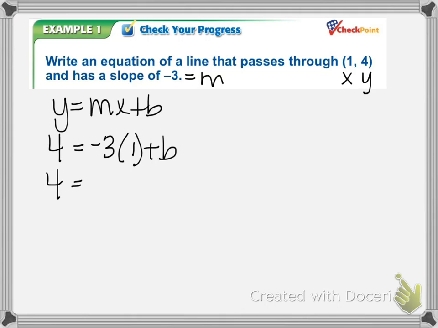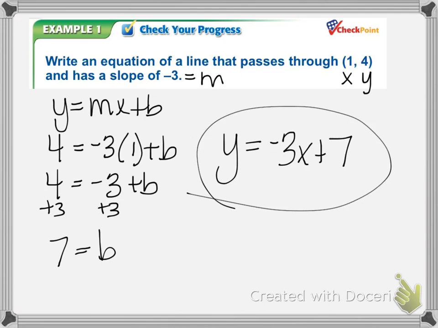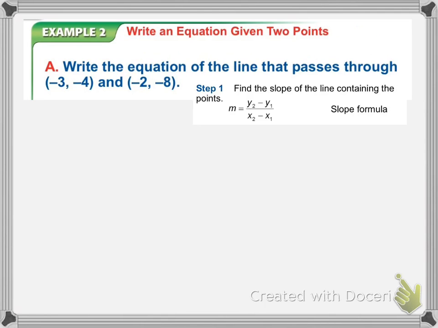And then you just go through and do the math. So that's -3 + b, and then you add 3 to both sides. So your y-intercept of this particular line is 7. So then your equation is y = -3x + 7. Okay? All right, moving on.